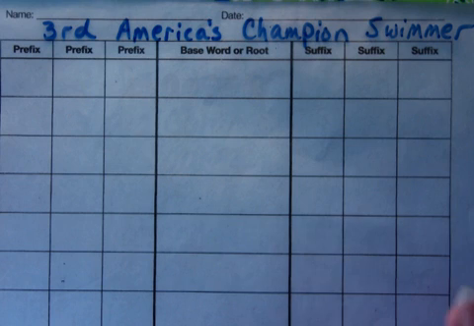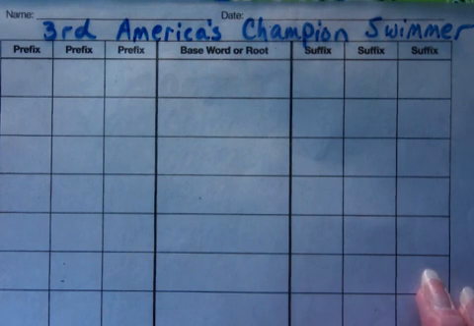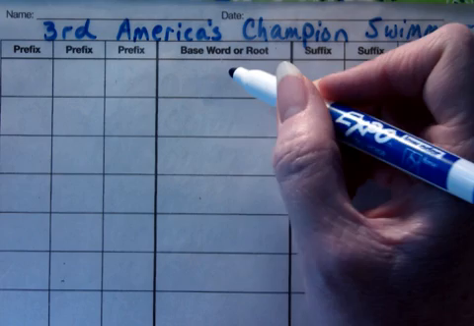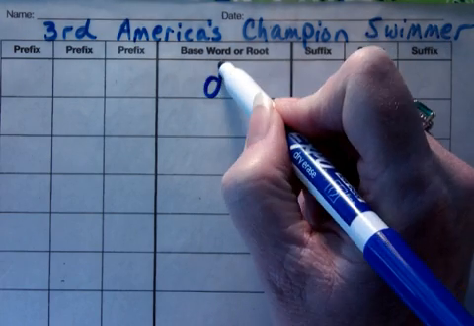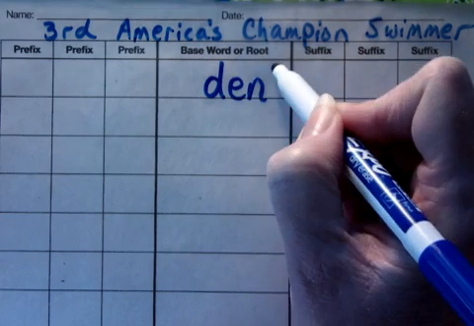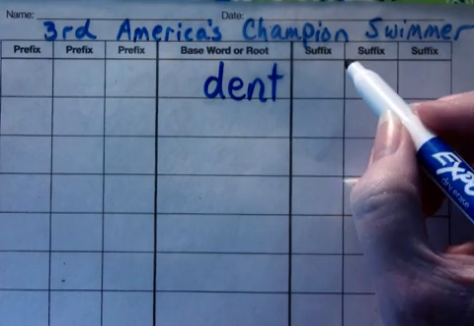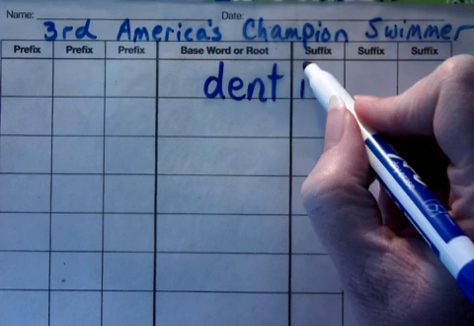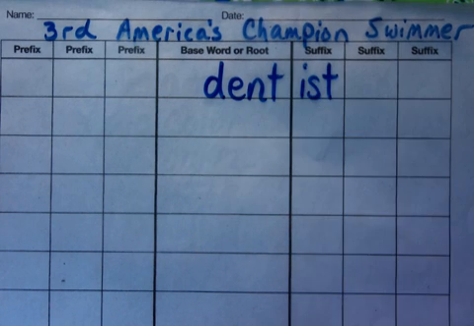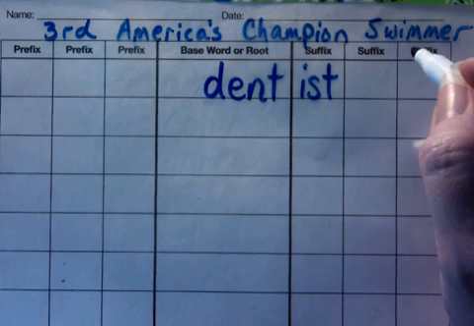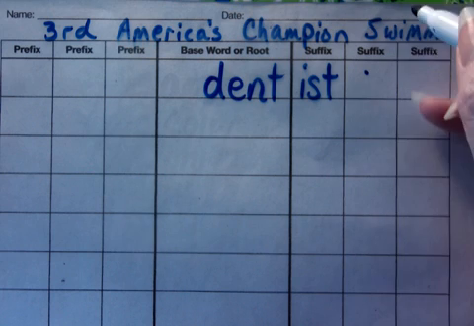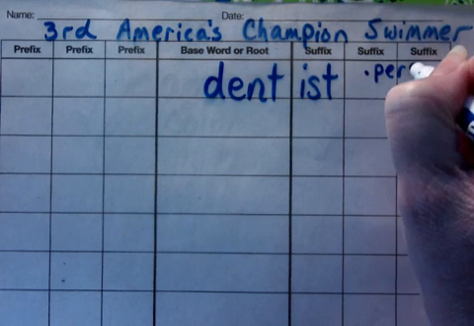So the first suffix that we're going to work on is ist. The first base word is dent, D-E-N-T, dent, ist, I-S-T, ist. Ist means a person that does a specific action or activity.